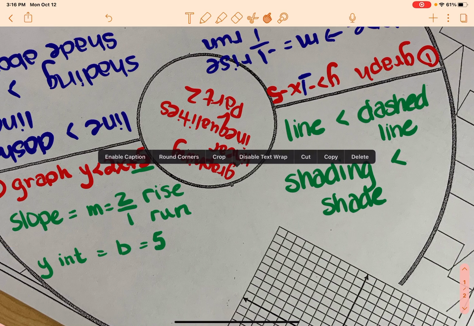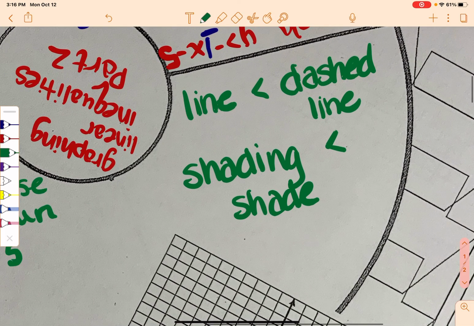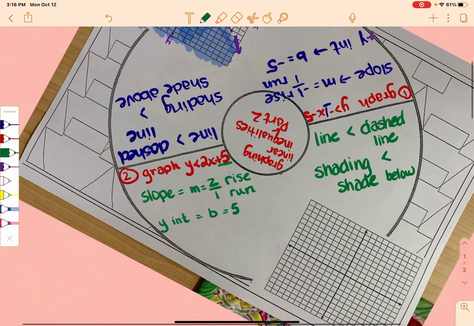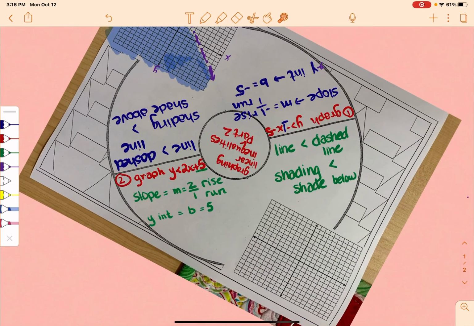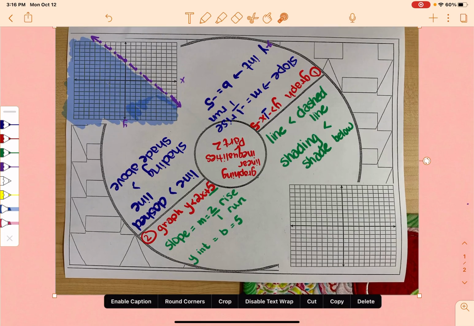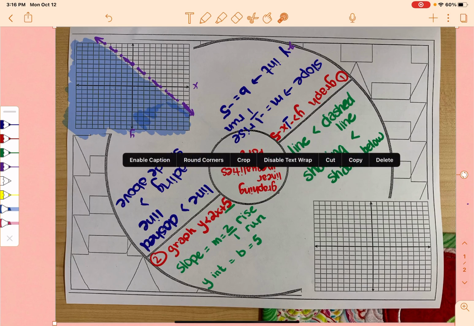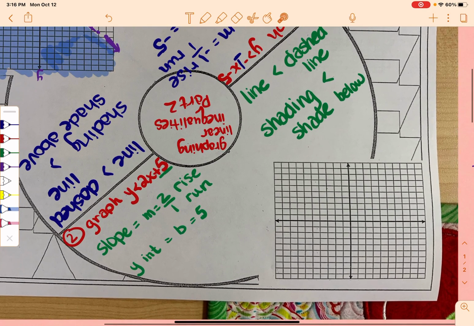Hang on. It's got a mind of its own at the moment. Okay, so shade below. Now, I have all this information here that's going to help me graph on here. So I'm going to take it and turn it. So this is X and Y.